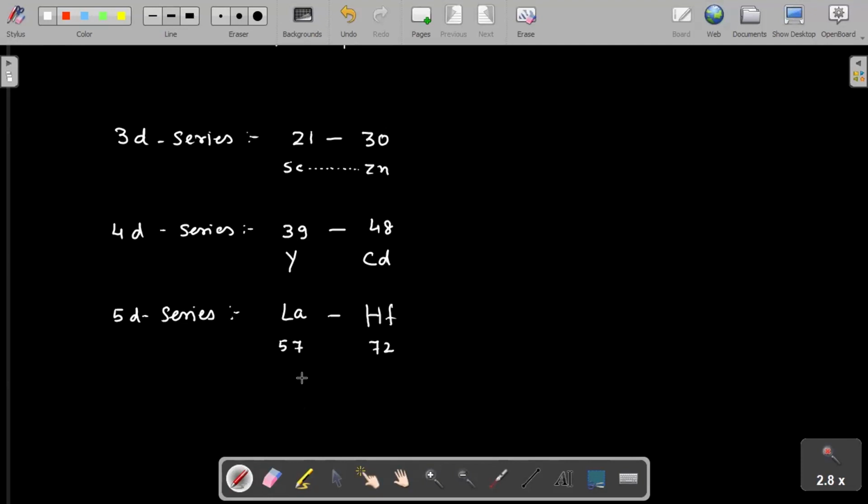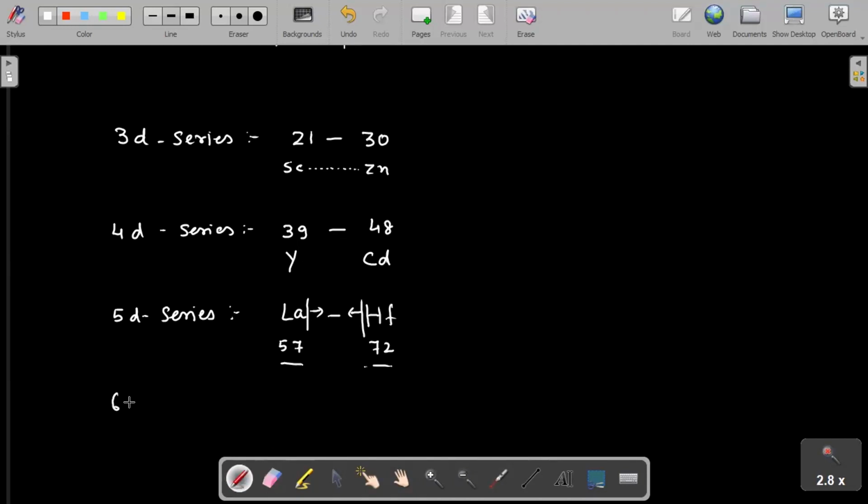So these two elements are not here in that series. We can start with 58 to 71, between these two.